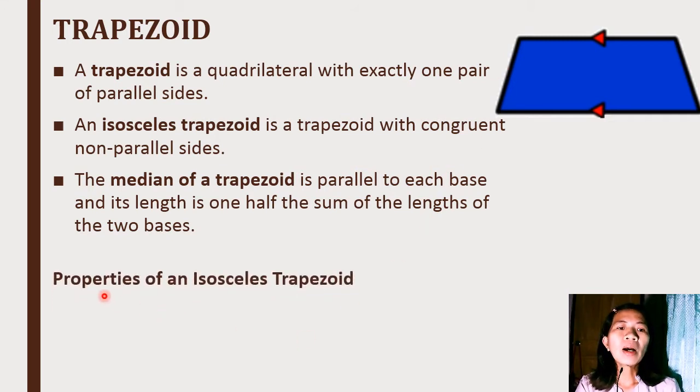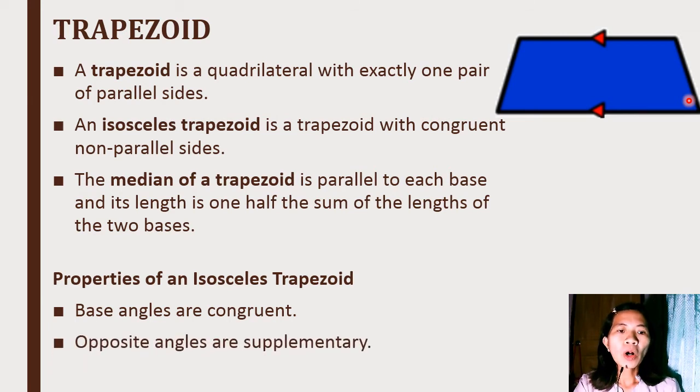What are the properties of an isosceles trapezoid? The base angles are congruent. So in an isosceles trapezoid, we have base angles, and the base angles are congruent.